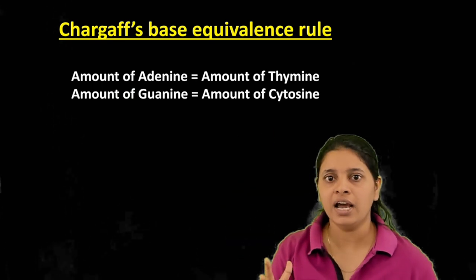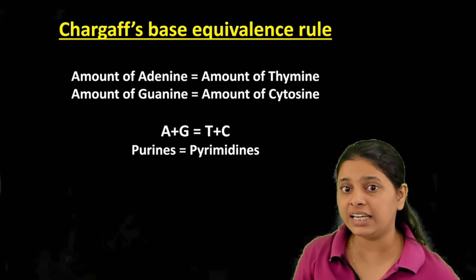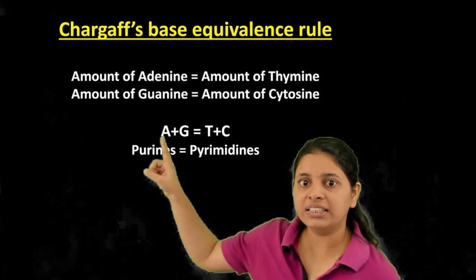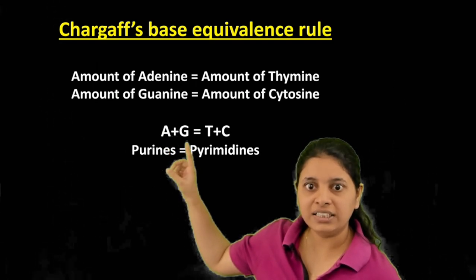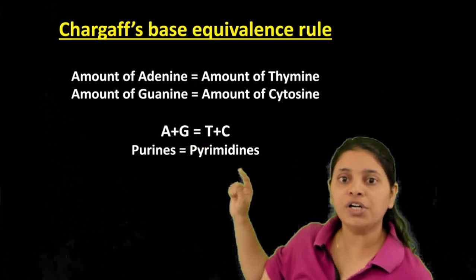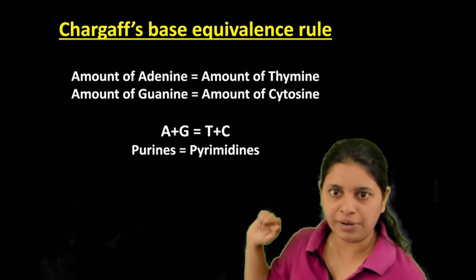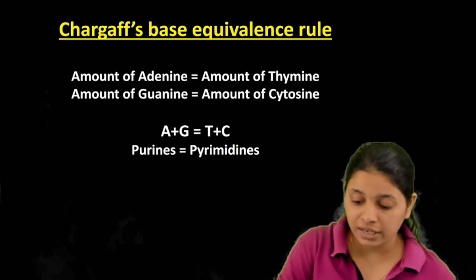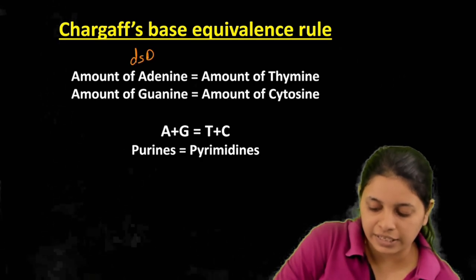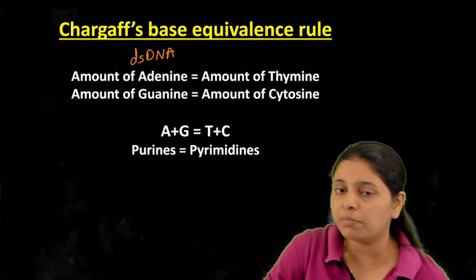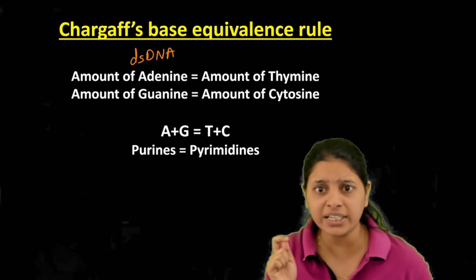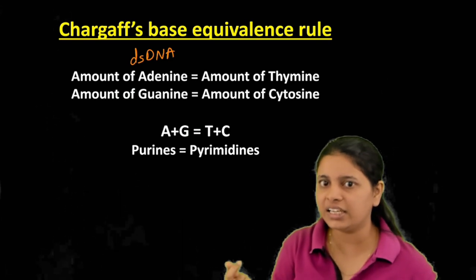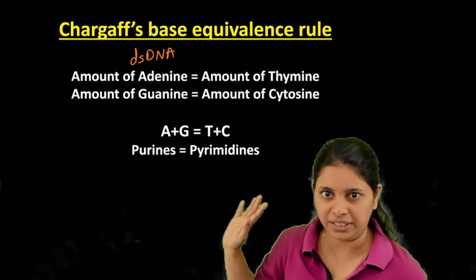So if we use all this information, we can say that purines, that is A plus G, will always be equal to pyrimidines, that is T plus C. Purines are equal to pyrimidines for a double-stranded DNA. Now, this will not be applicable for single-stranded DNA, because in single-stranded DNA we will not have this base pairing, right?